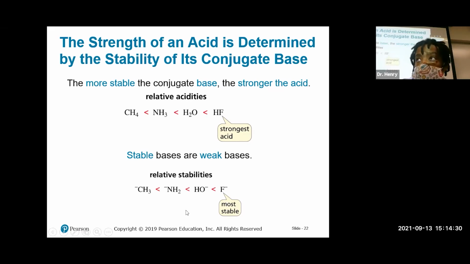The fluoride ion is going to be more stable than the hydroxide ion, which is going to be more stable than the amide ion, and then the methyl anion. So we know that this guy is going to have less stability than the fluoride ion.